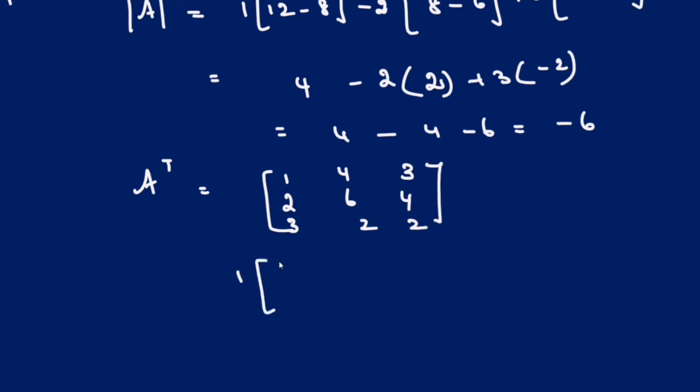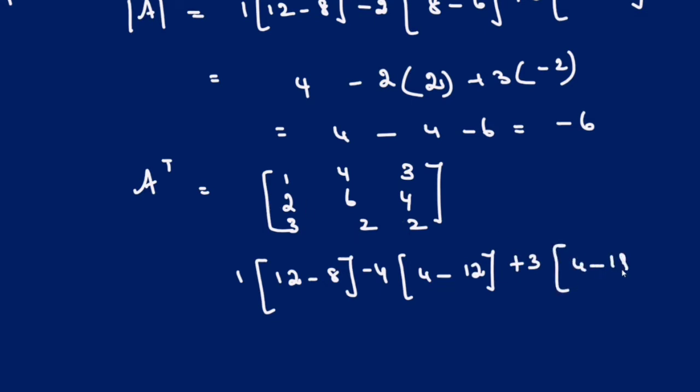You can just check. See, 1 into 12 minus 8. Then minus 4 into, cut this row, cut this column, 4 minus 12. Plus 3 into 4 minus 18.